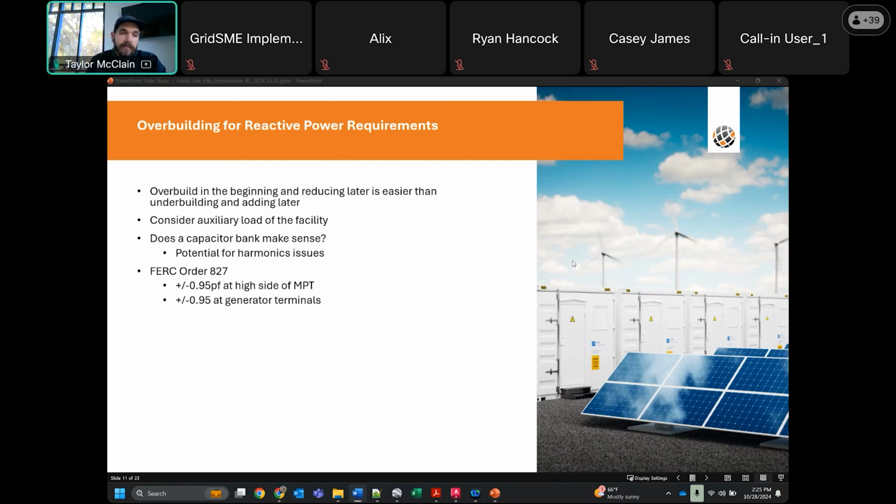Another thing to consider in that is the auxiliary load. This is very likely to change from when you initially start to when you finish the project. And oftentimes one of the things that isn't known too well is exactly what the reactive power of the load is going to be.